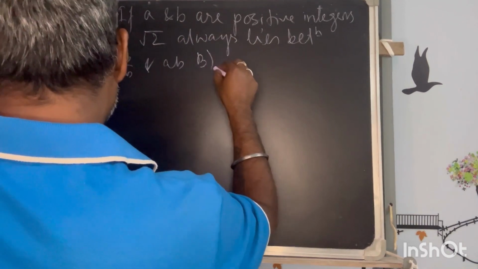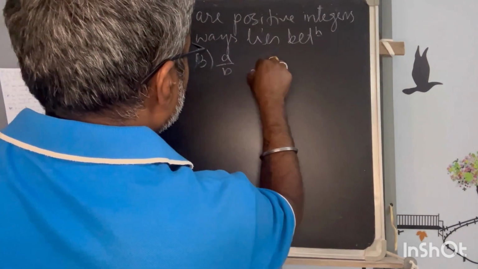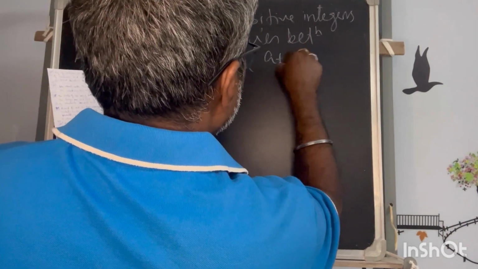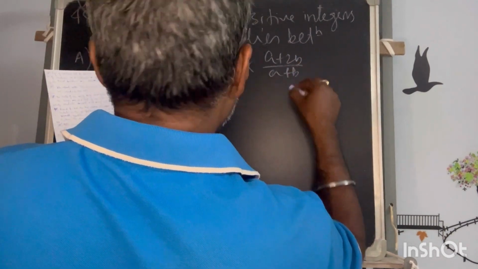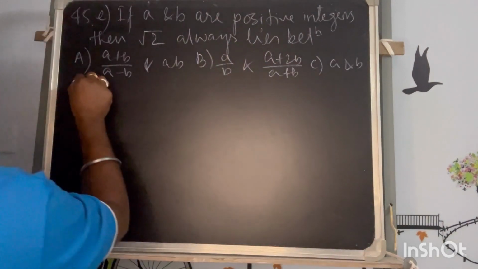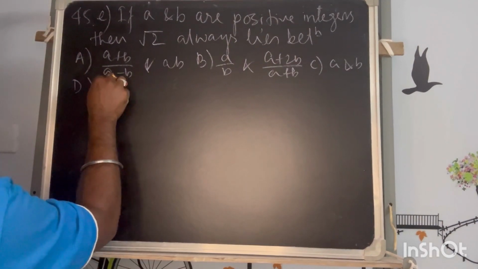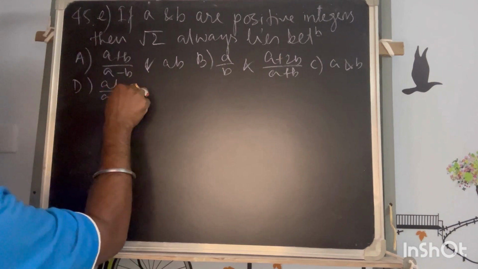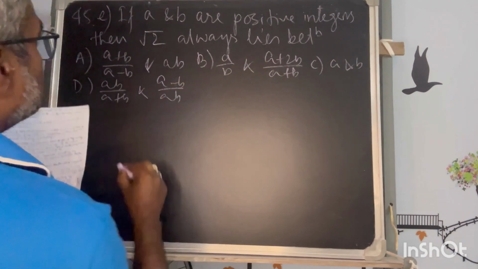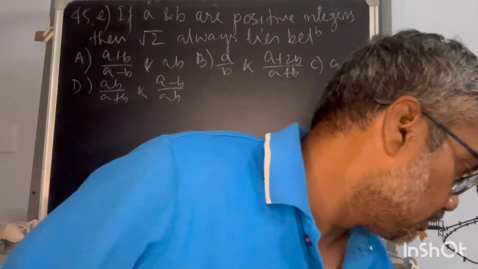Option B is given as AB by A by B to A plus 2B, A plus B. C is A and B, and D is AB by A plus B and A minus B by AB. So these are the 4 options given.